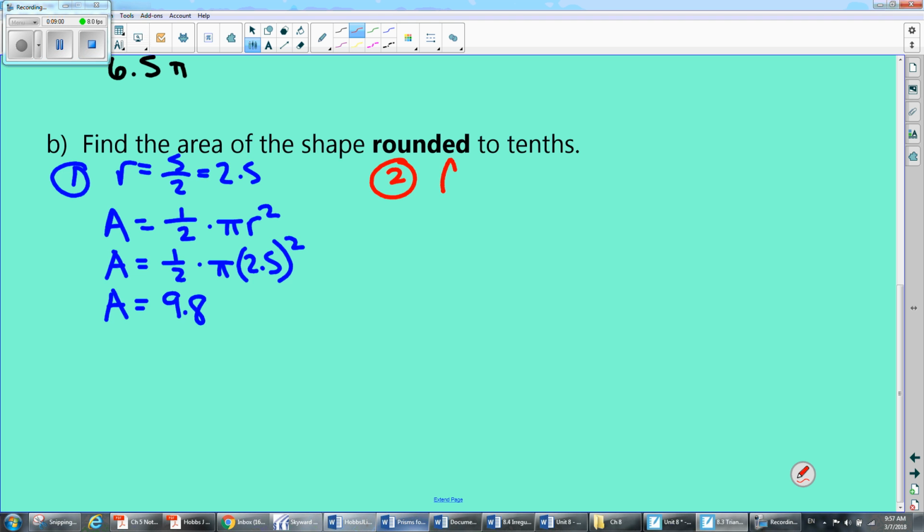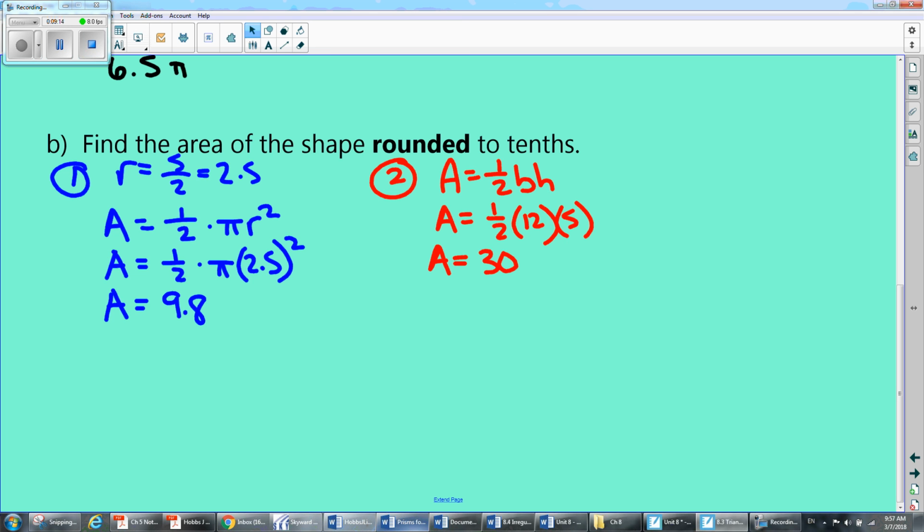For the second figure, our triangle, 1/2 base times height. The base and the height are perpendicular. We could say the base is 12, the height is 5. So that way we end up with 30. And for our third shape, again, we need to start by finding the radius.